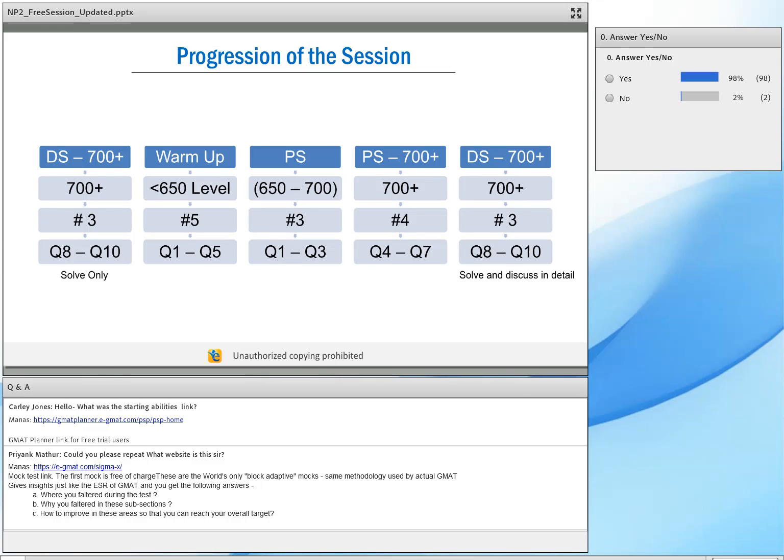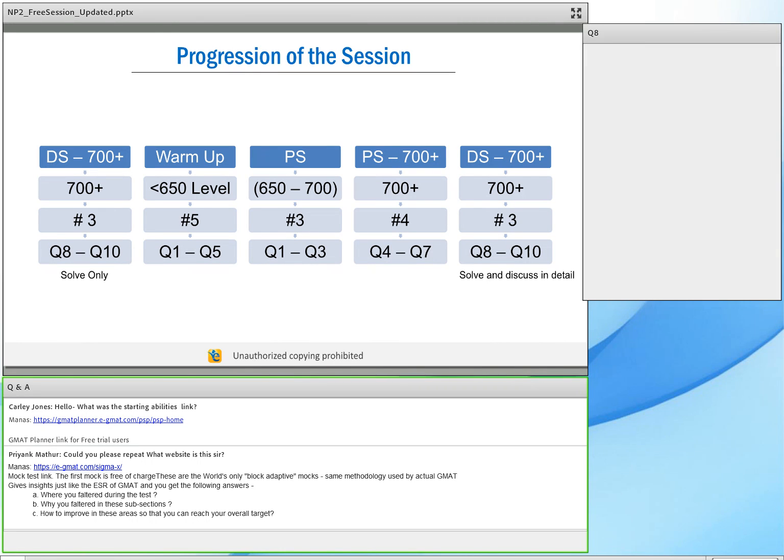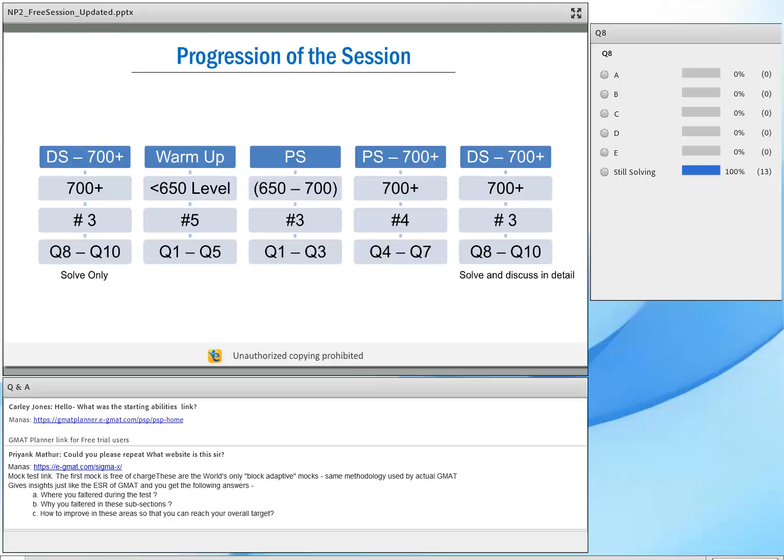All right, so the way we're going to do this is we will do this thing where we do still solving. Okay, so I'm going to share this poll with you, and you have to select still solving. I have about 211 students in the webinar, and I want to make sure that I get at least 130 people saying still solving over here. Let's get 130 people to say still solving, guys.